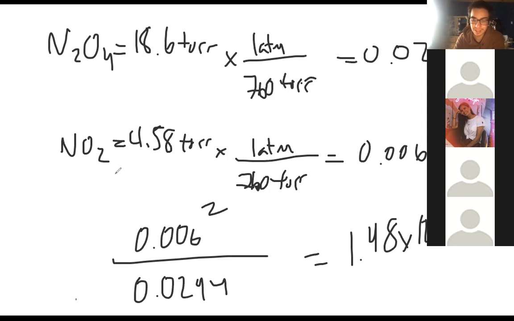Thus, Kp and Kc are related. And it tells us a little bit of algebraic manipulation can allow one to convert from Kp to Kc using the following equation, where R is our gas constant, T is temperature in Kelvin, so that's important, temperature in Kelvin, and delta n is the change in total number of moles of gas involved in the balanced reaction.